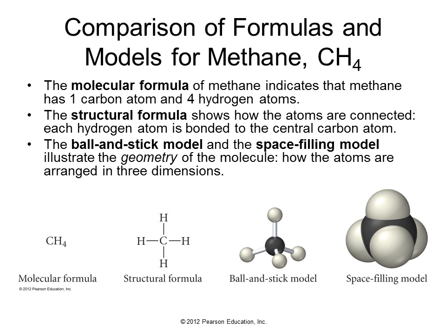Here's a comparison of the difference. This is the molecular formula for methane, CH4. And a structural formula shows you how all 4 of the hydrogens are hooked to the carbon. This is a ball and stick model with the carbon in the middle and the hydrogens in the tetrahedron shape. And then this is a space-filling model.